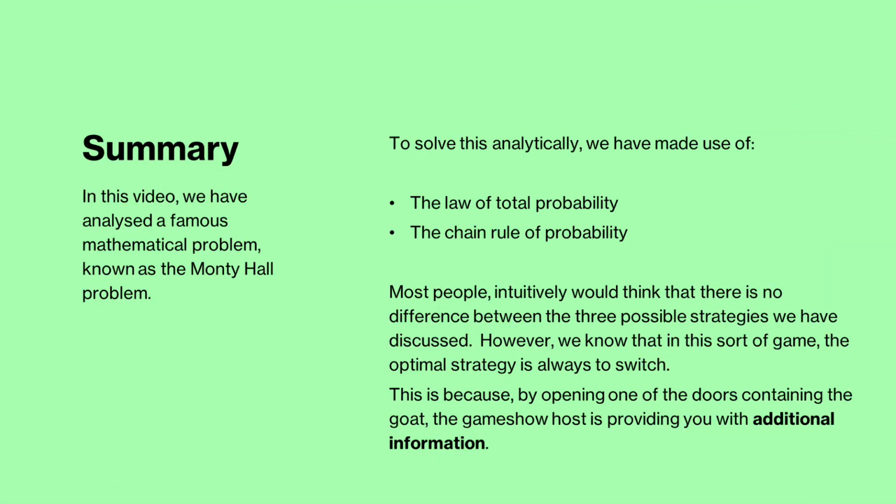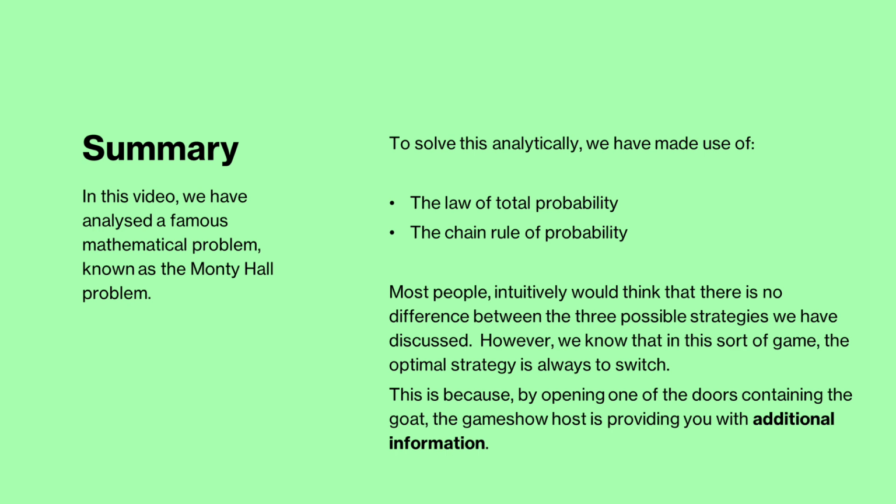In this video, we've analysed a very famous mathematical problem known as the Monty Hall problem. When we've solved this analytically, we've used two key rules in probability. The first is the law of total probability, and the second is the chain rule of probability. Now, most people, when they look at this problem intuitively, will get the wrong answer.